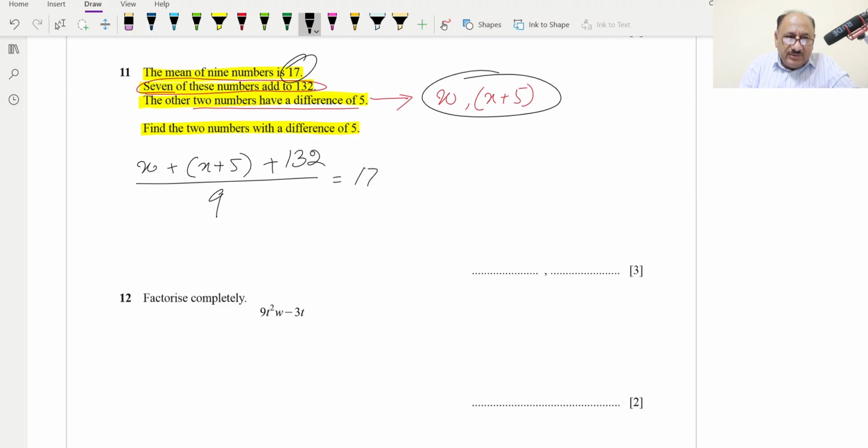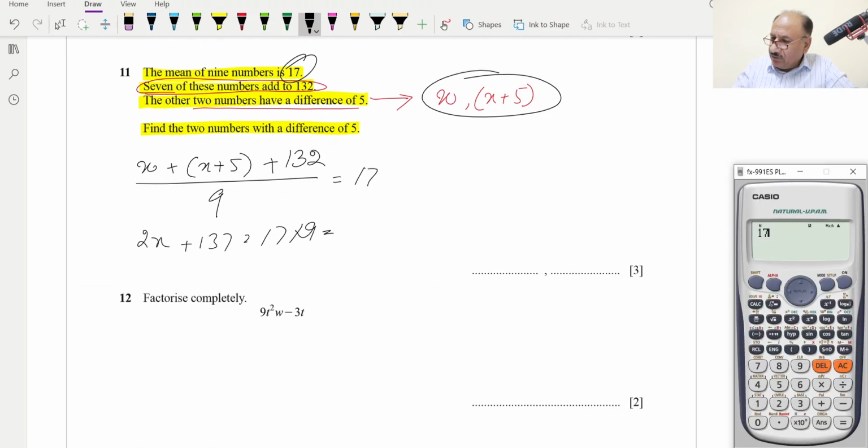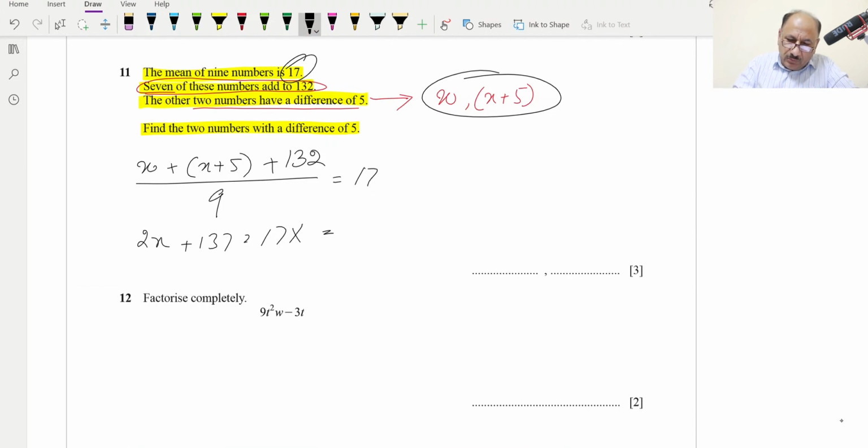So now we can just simplify. If we open the bracket, it will give us 2x plus 137 is equal to 17 into 9, and 17 multiplied by 9 will be equal to 153. So 153. Now we can simplify this.